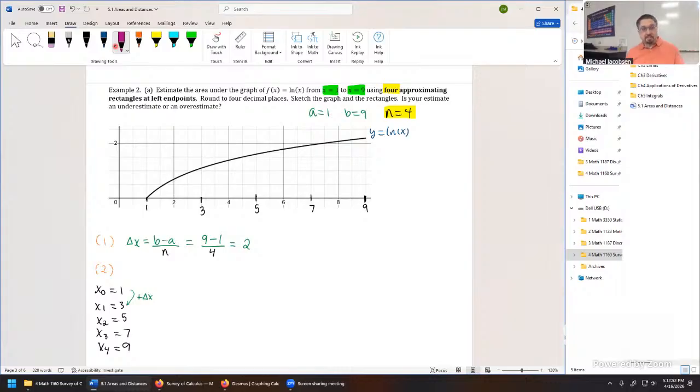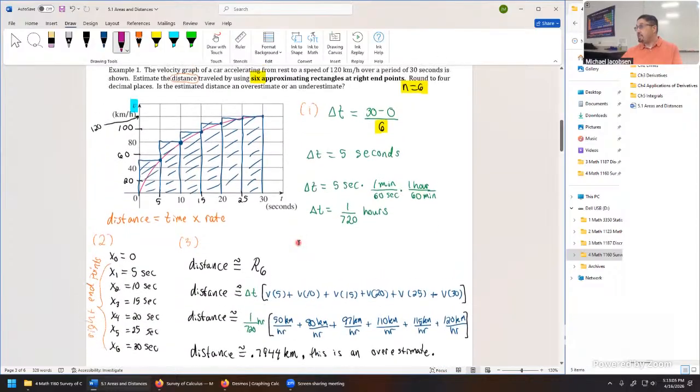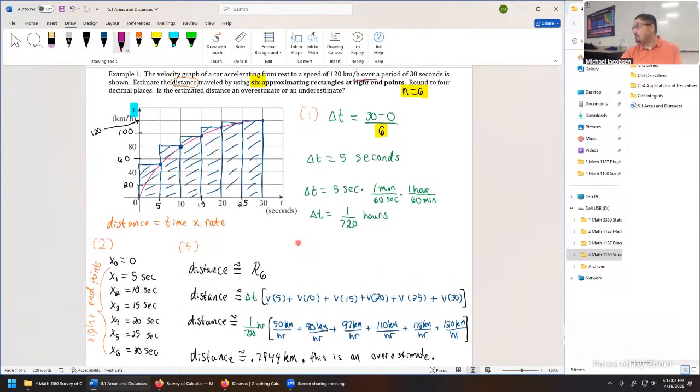Okay, to me, this is sometimes the trickiest bit about the whole process. If it says left endpoints, first let's review what we did for right endpoints. When it says right endpoints, that means we were going specifically through these values.